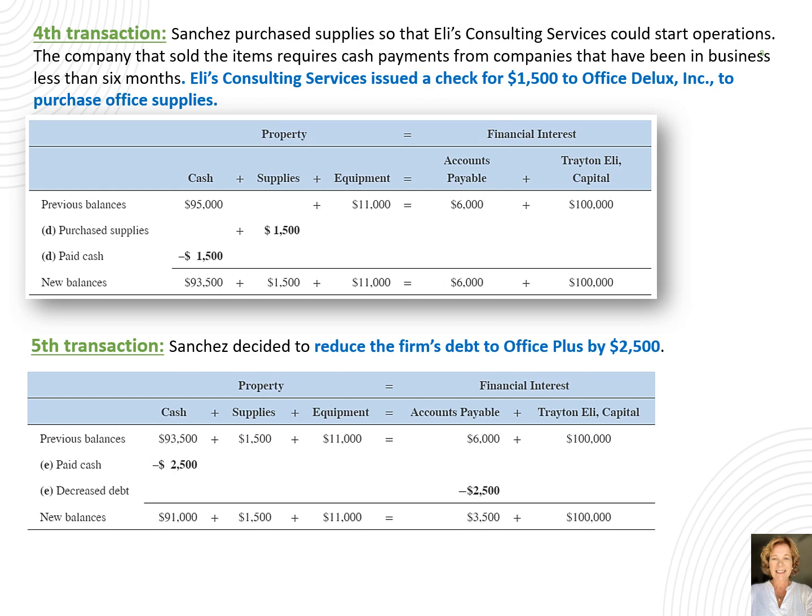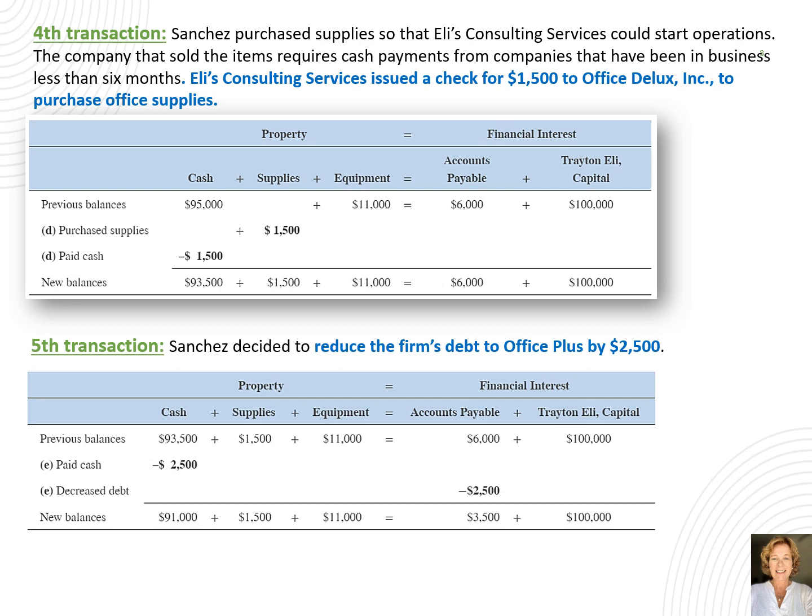Let's look at the fifth transaction. The office manager, Sanchez, pays $2,500 to Office Plus to reduce the firm's debt. This is related to our third transaction when Eli's Consulting bought computer equipment on account from Office Plus for $6,000. When we analyzed that original transaction, we increased computer equipment and we increased accounts payable.